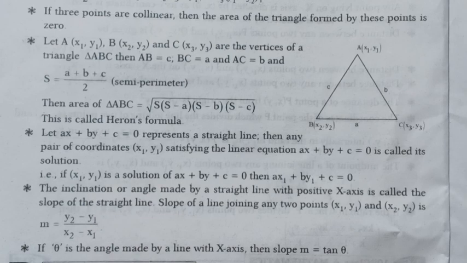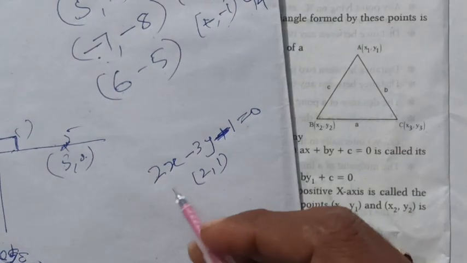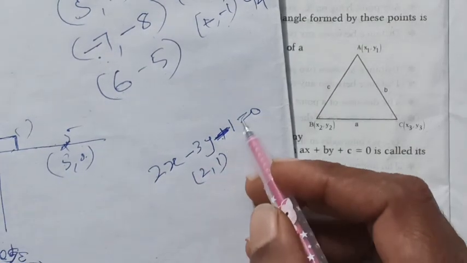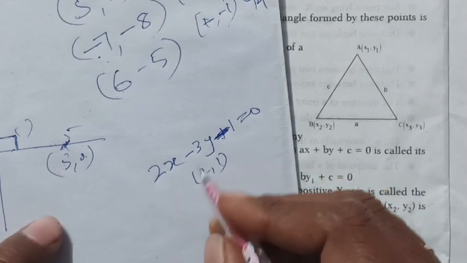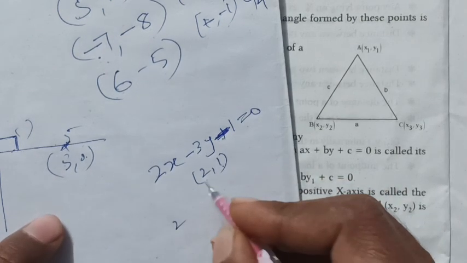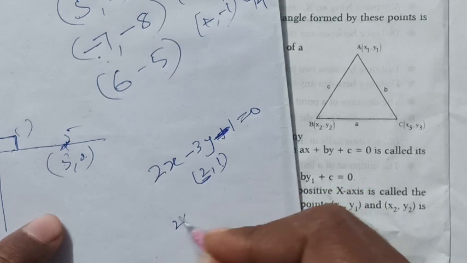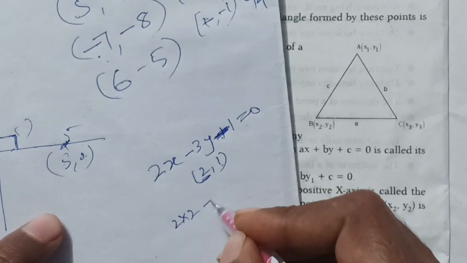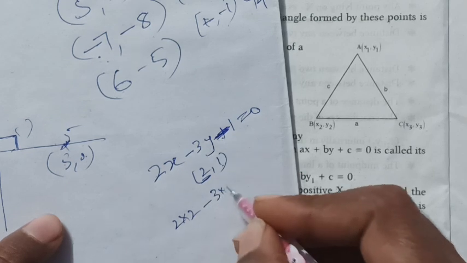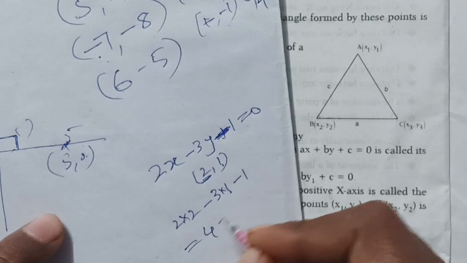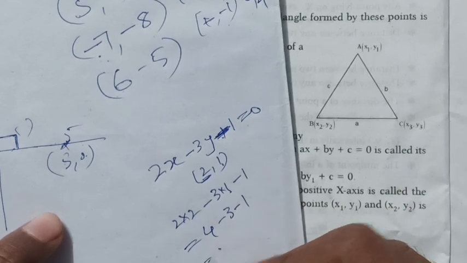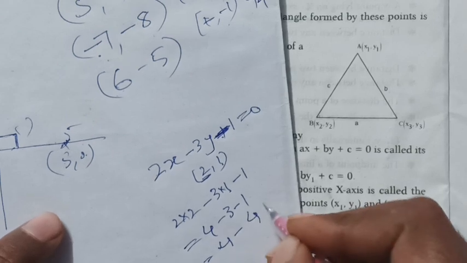Okay. Now we will take one example: 2x minus 3y minus 1 equal to 0. 2 comma 1 is a point. Does it satisfy this equation? Observe this. Substitute x equal to 2 and y equal to 1. 2 into 2 is 4, and 3 into 1 is 3, 4 minus 3 minus 1, 4 minus 4 equal to 0.